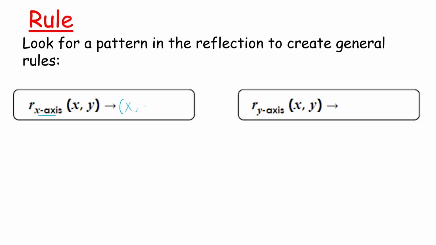So x stays the same, but y is going to become negative, right? And then opposite, if we reflect across the y-axis, then the y stays the same, but the x becomes negative, okay? And just a side note here, we say it becomes negative, but think about if we start with a negative value, then it's actually going to become positive. So really, it becomes the opposite of what it started as.